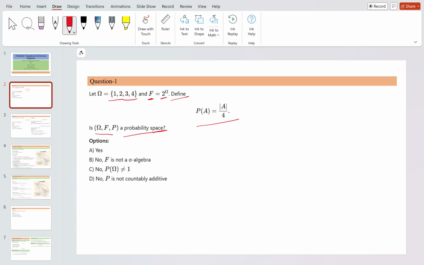It asks whether omega, F and P form a probability space or not, and the options are: yes; no, F is not a sigma algebra; no, the probability of the set omega is not equal to 1; or no, P is not countably additive. Try to solve this, take a few minutes.